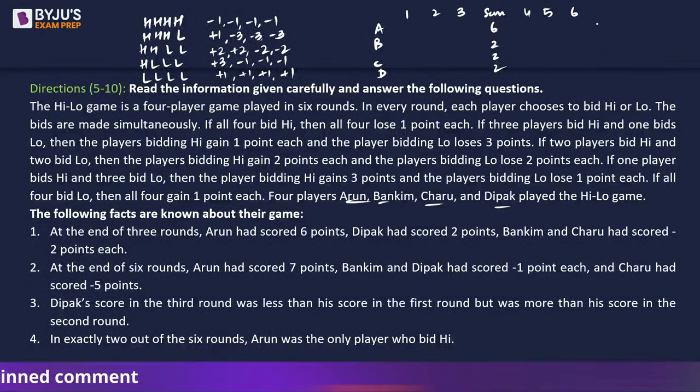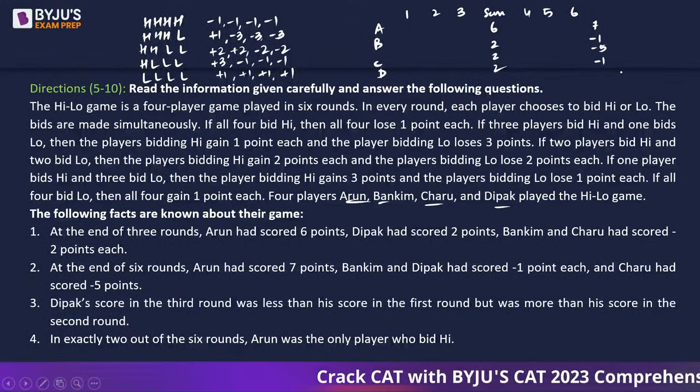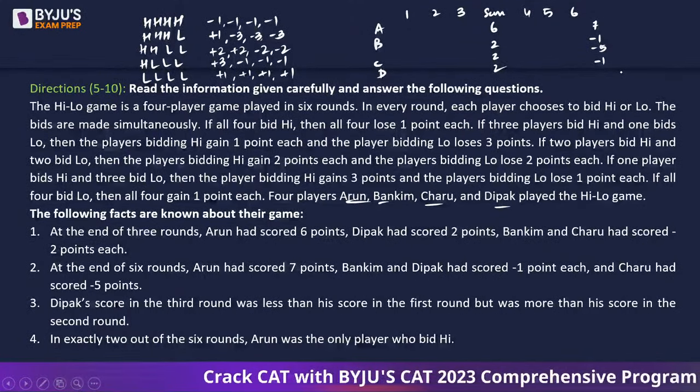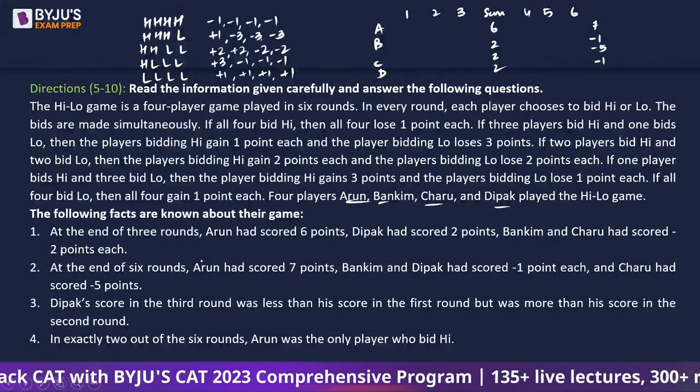Arun had scored 7 points, so final point 7, Bunking and Deepak with a negative H, and Charu had scored a -5. So this is very similar to the one that we just saw, jahan par intermediate scores are given to us. And then we have certain conditions.